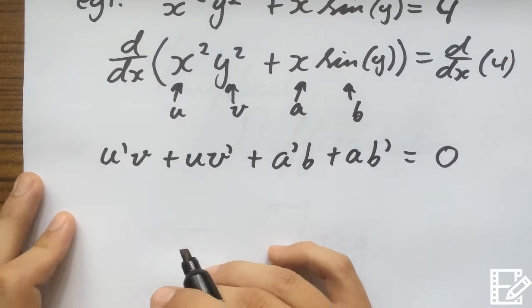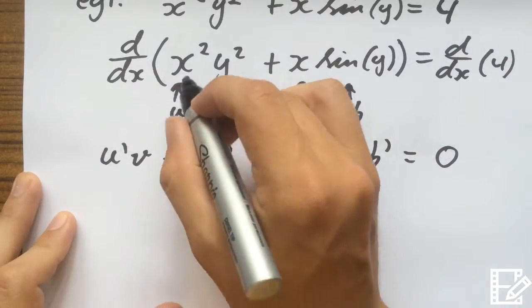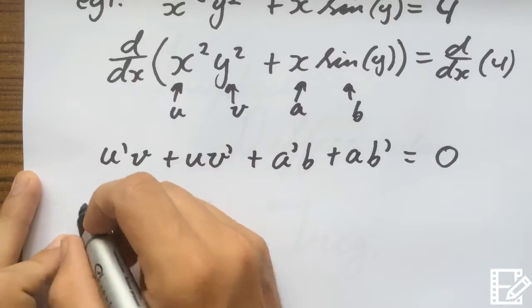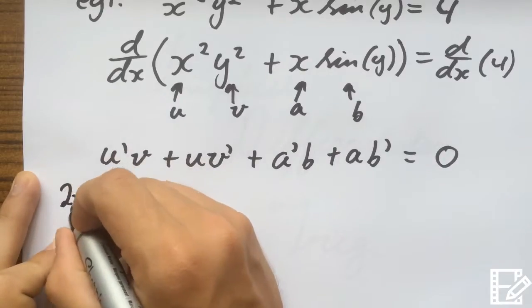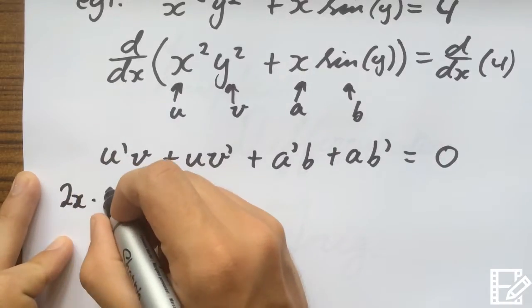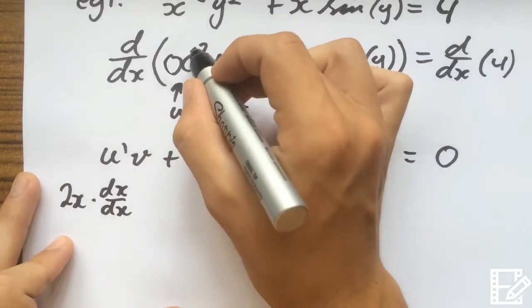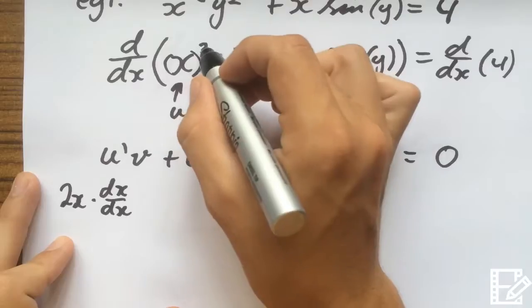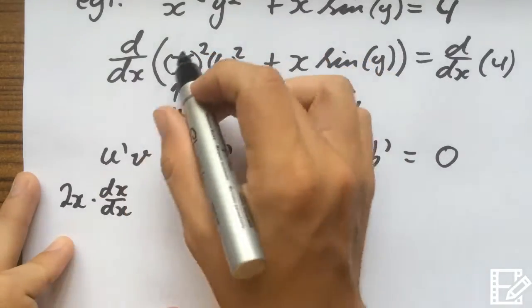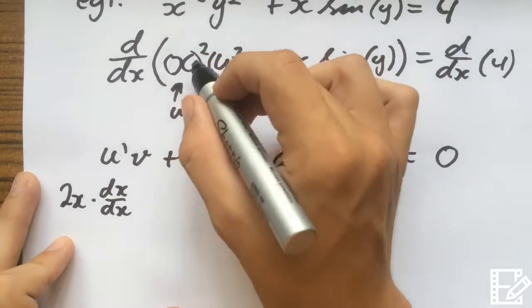So let's begin. Okay, u is x squared. The derivative of u is 2x multiplied by dx over dx, because we get the brackets and find the derivative of the outside, which is 2x, and the derivative of the inside.